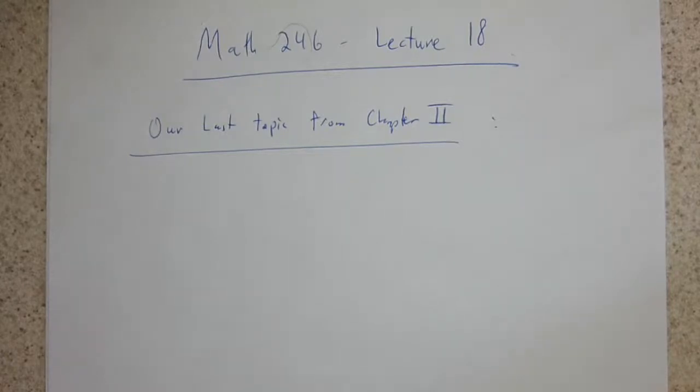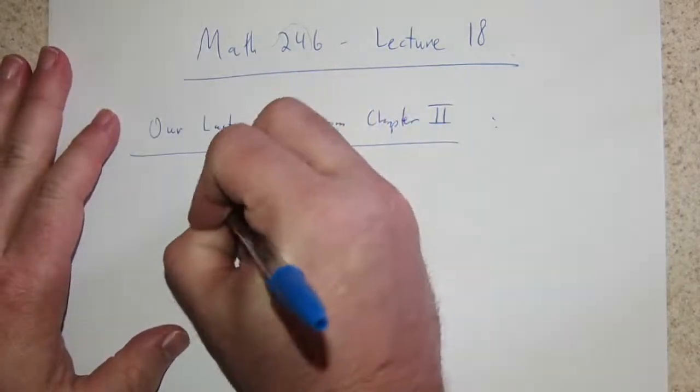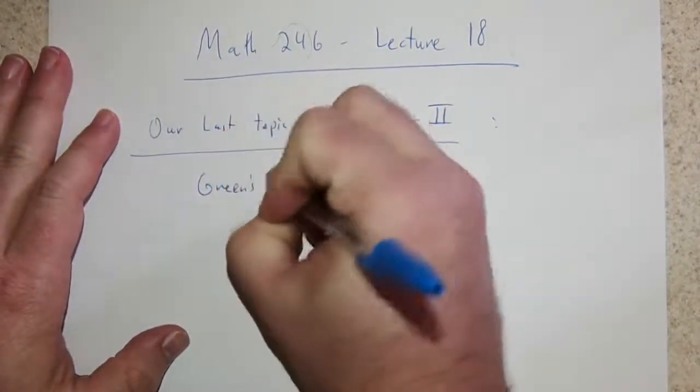That was definitely the last major topic. This was a collection of, well, it's one topic, but it's from a couple of different sections, and this is not as important. It's not really going to give us a new way of doing anything. And this is Green's functions.